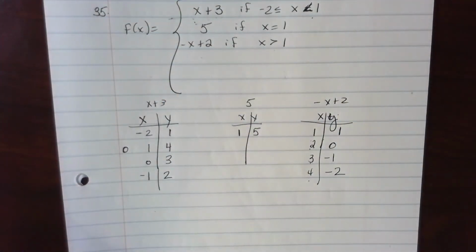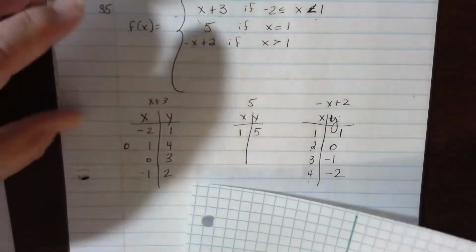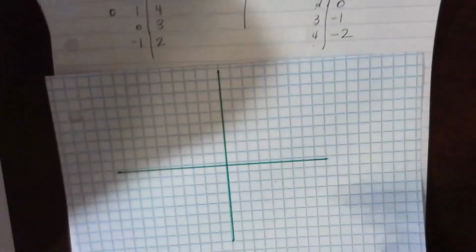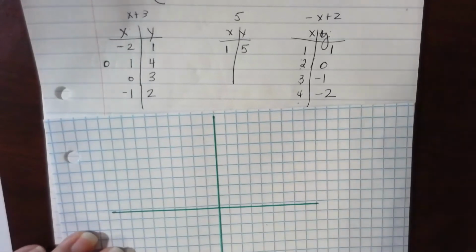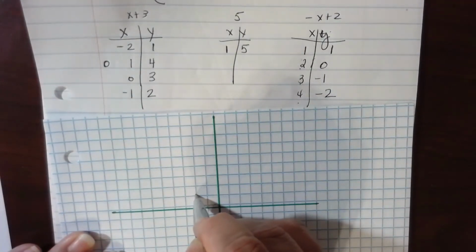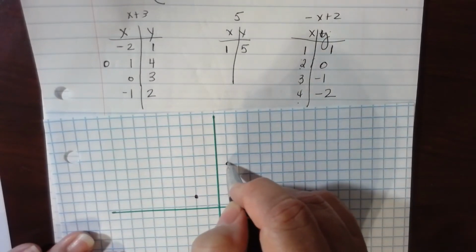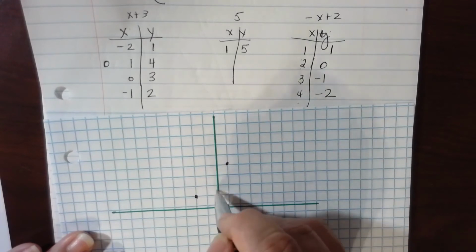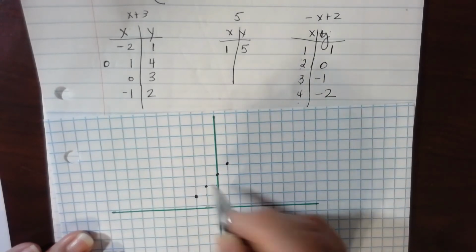Okay? Now I need to take graph paper and put all of that on it. Let's see if there's any way I can show you the points in the graph at the same time. Alright, so -2, +1, 1, 1, 2, 3, 4, 0, 1, 2, 3, and -1, +2.